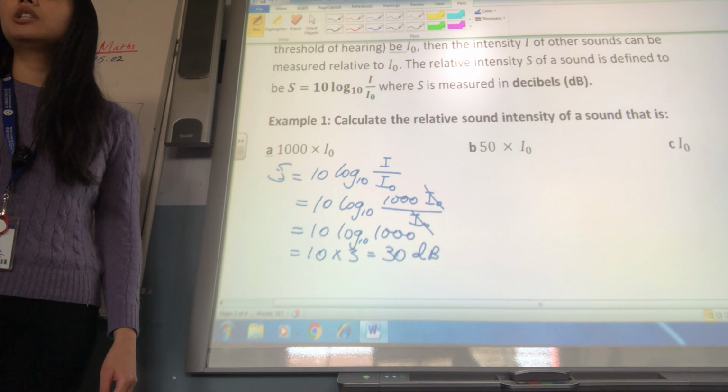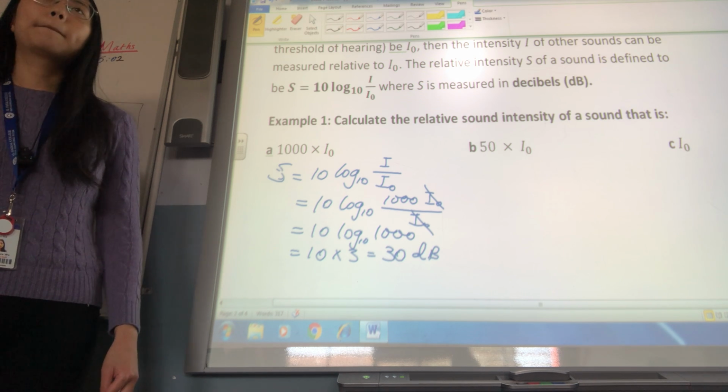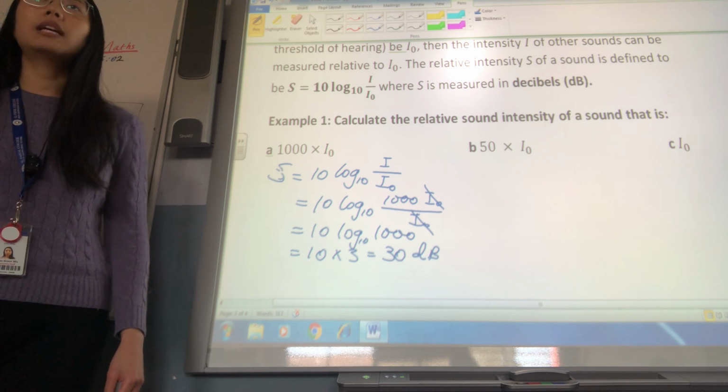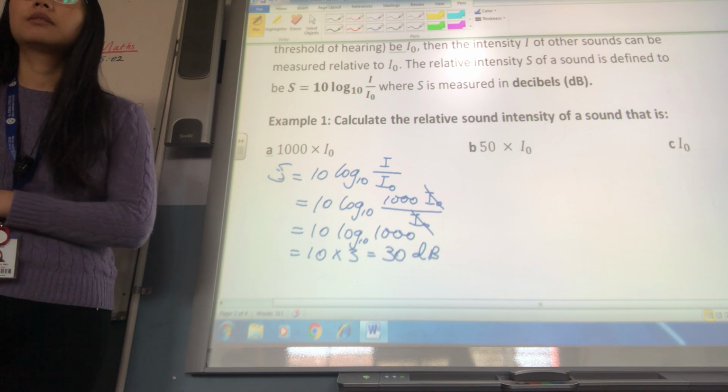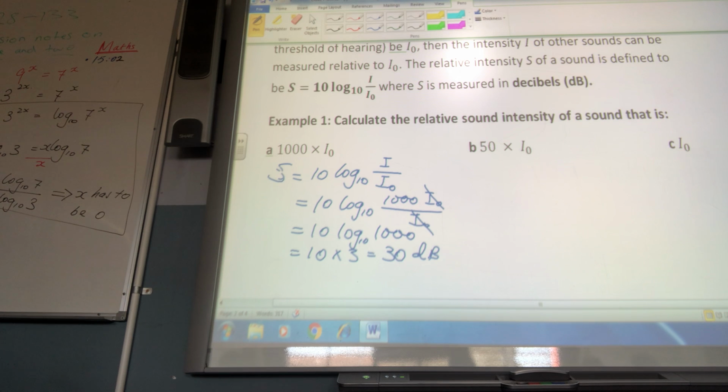B and C, can you quickly do it yourselves? Yes? So how have you done 10 times 3? Do you just cross out? Yeah, log 10 of 1,000 becomes 3. So quickly do B and C yourselves, please. You just have to substitute the value.